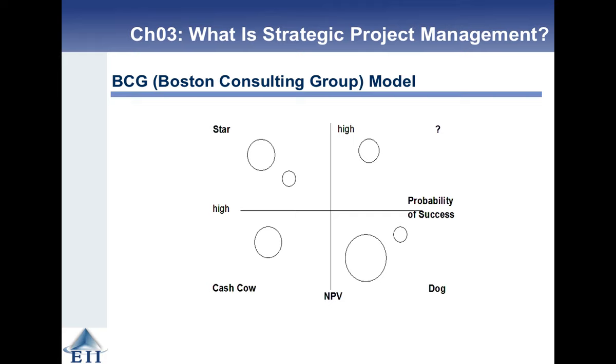That's making lots of money and it's a high likelihood of success. If the net present value is high and we've got a low probability of success, then maybe that's a cash cow. Not quite sure how that figures in. If we're in the opposite quadrant from the star, then we're a dog. We've got a low probability of success and the net present value is really low.